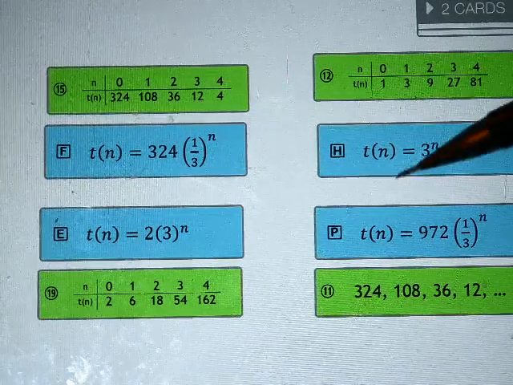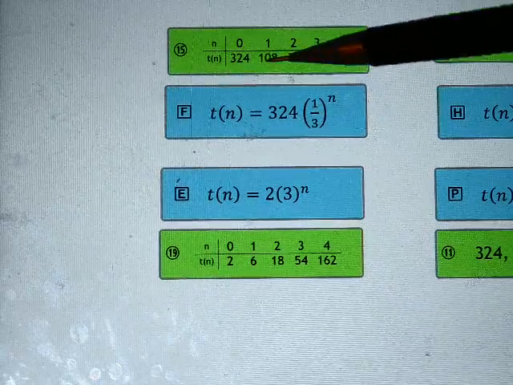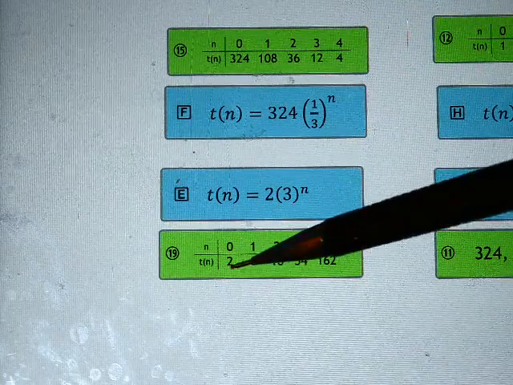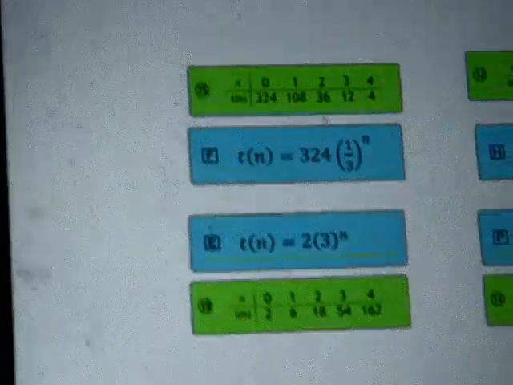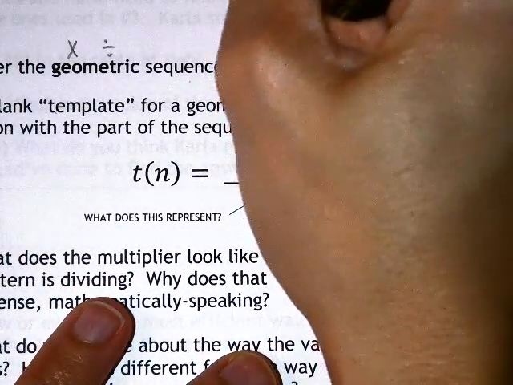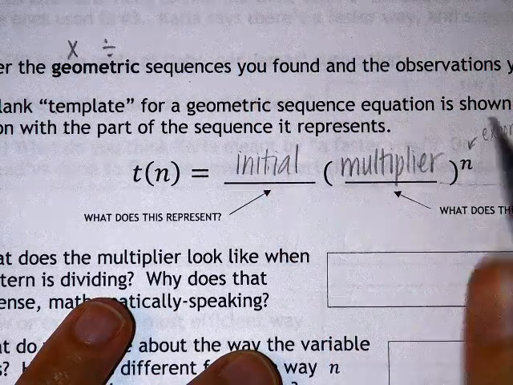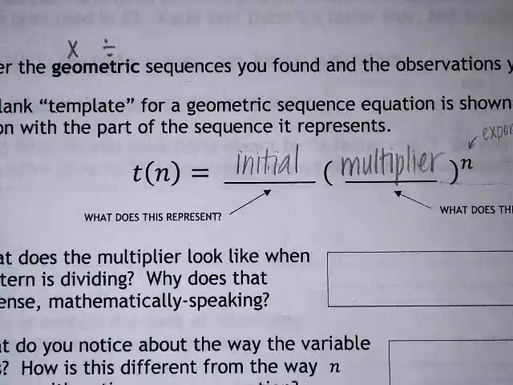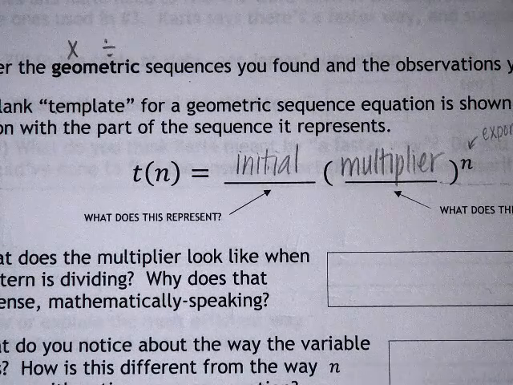That one's a little harder to see, so let's go with what we can see more concretely. That the 0 term is definitely the initial value, and we can tell that is the number in the equation, in that first spot. So I can fill in this blank then for sure. This little blank outside to the left of the parentheses, the one that's not attached to the end, is definitely the initial value.